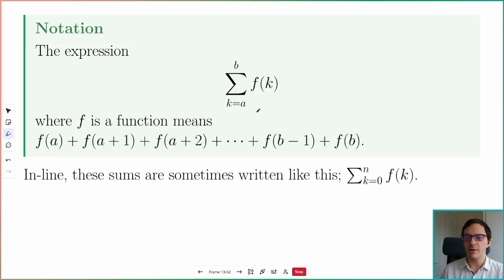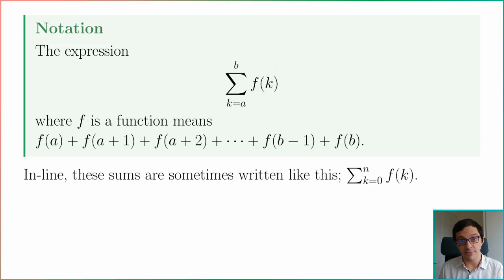It says the sum from k equals a up to b of f of k, where f is some function, and that means that you take the values from a to b inclusive, you apply the function to each of those numbers, and you add those up. So I have f of a plus f of a plus 1 plus f of a plus 2, all the way up to f of b. And that's some notation that we're going to use in our statement in a second.